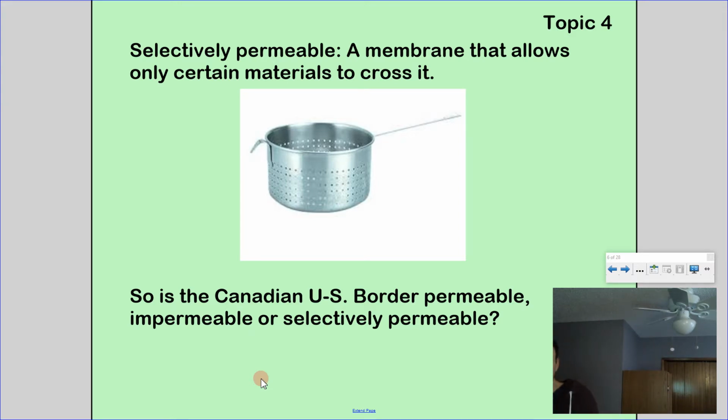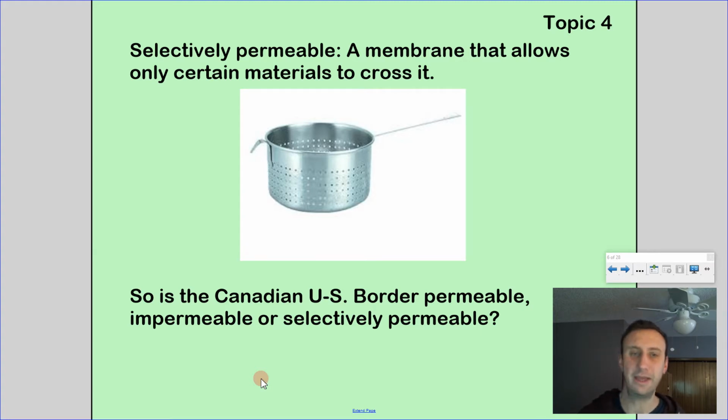For example, it might stop drugs or firearms or other stuff from getting through, but it's permeable to other things. Like, for example, air. Air can get through just fine. Citizens can get through, although that's a longer process going through the actual border guard process, and so on.